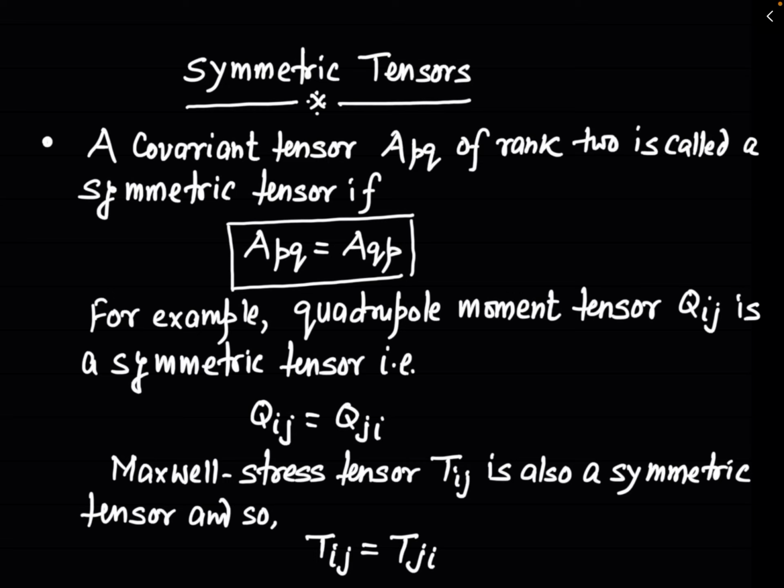In fact, the property of symmetry is an intrinsic property because you will see later on that the property of symmetry is independent of the choice of coordinate system. And so this symmetry property, or particularly this symmetric tensor, is a very important concept of tensor analysis.